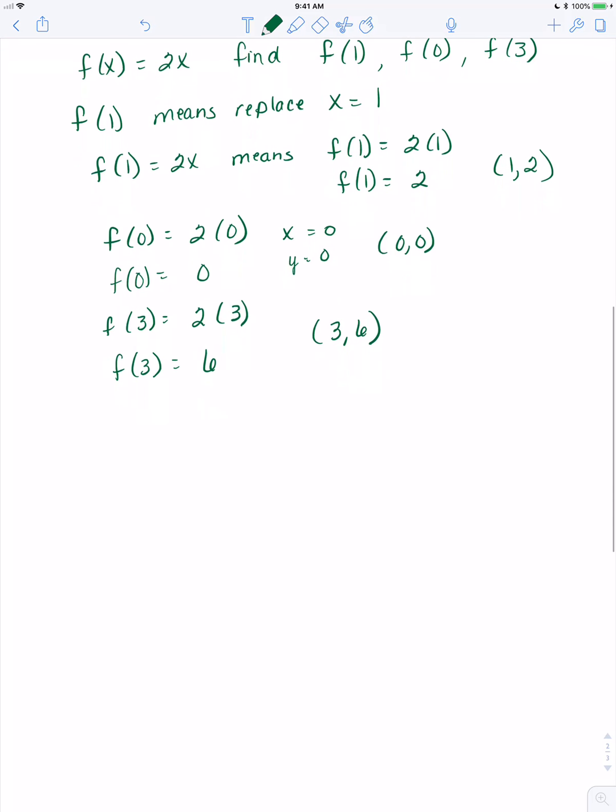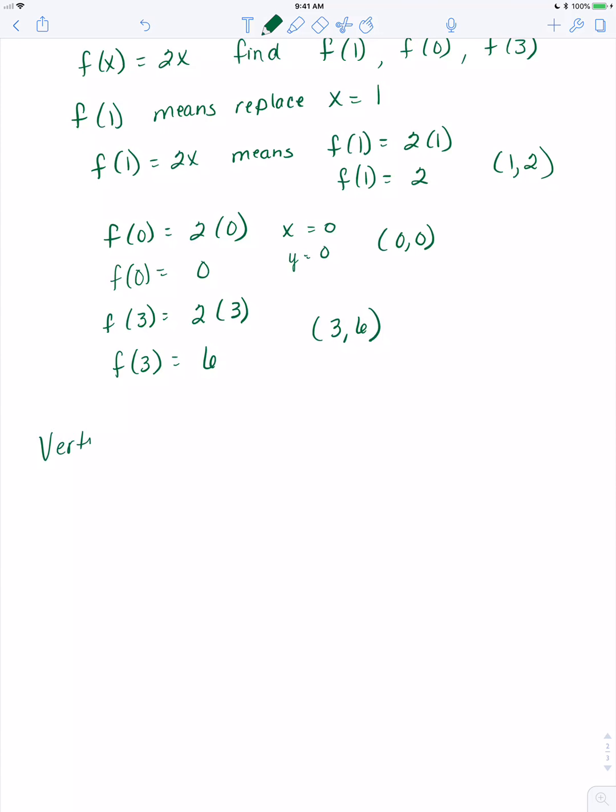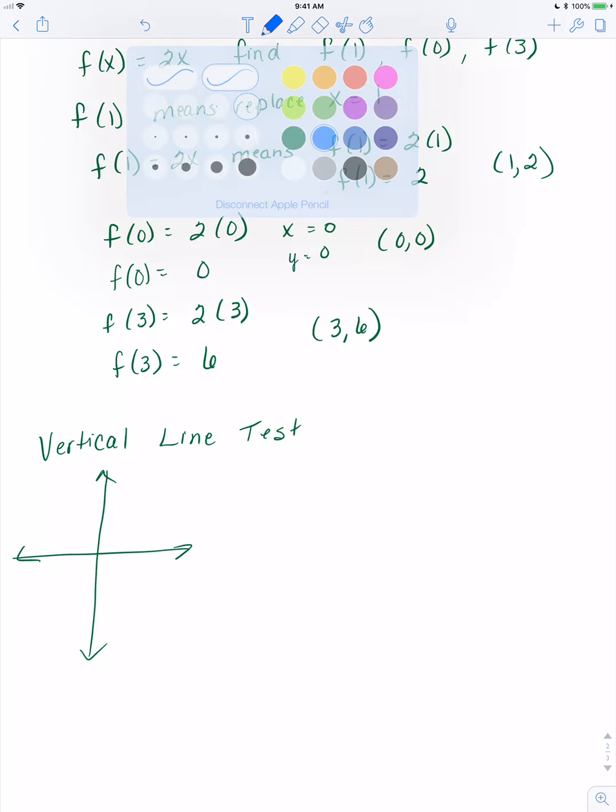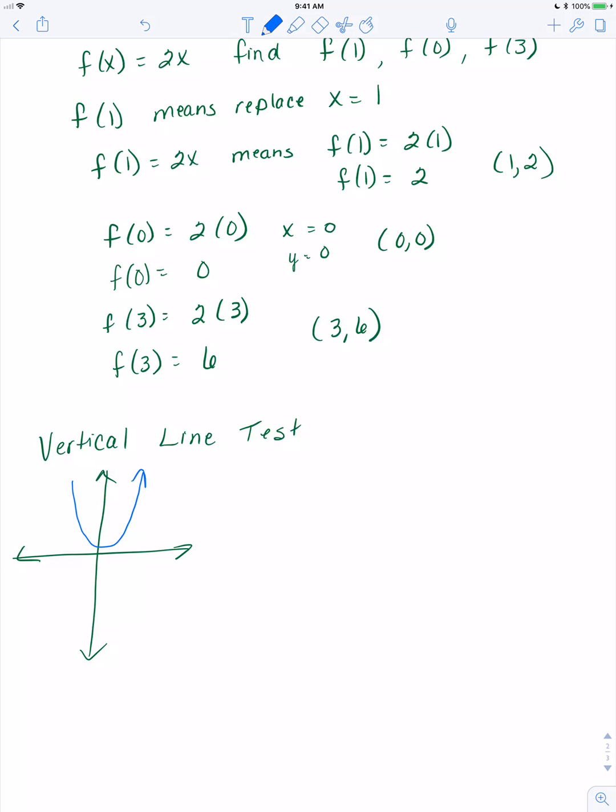Another way that we can determine is using the vertical line test. And that is just sort of helpful on graphs. If you're looking at a graph, you can determine if those x values are repeating again. So let's just look at a few graphs here. And let me just draw some random shapes on here. So if I have something that looks like this, well, think about all those vertical lines.